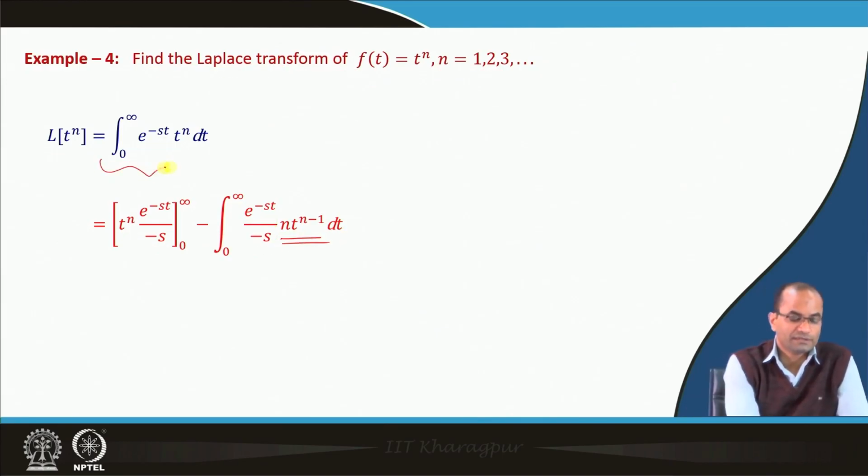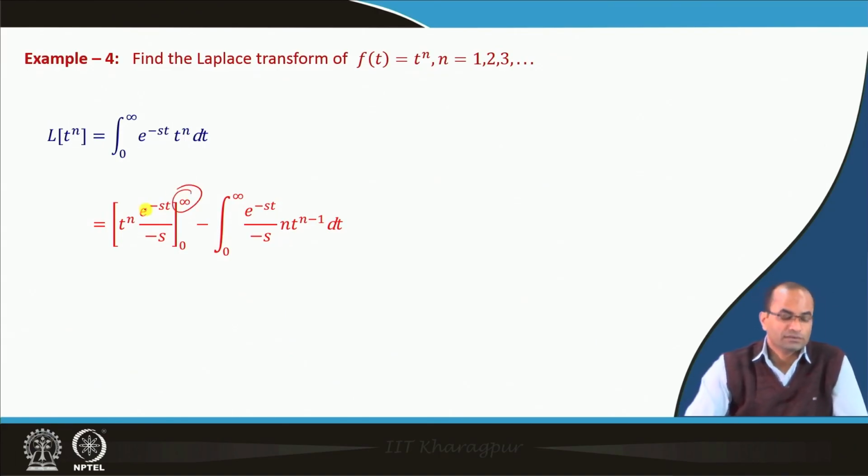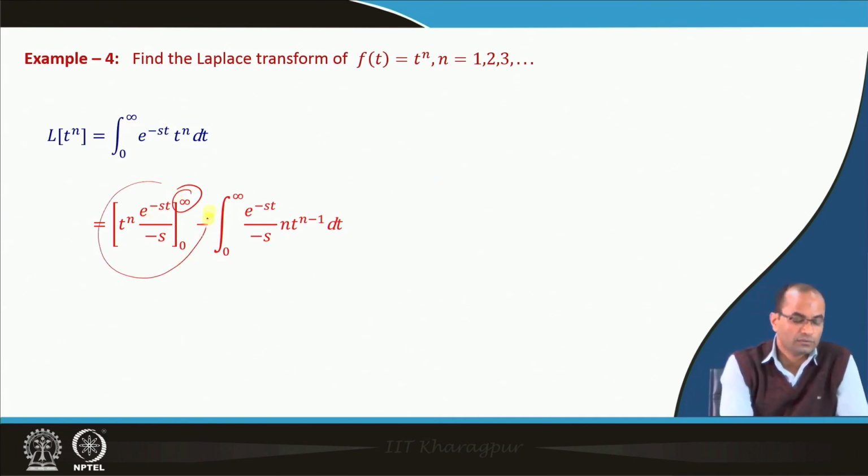So, we have integrated this by parts, treating e power minus s t as the second function and t power n as the first function. If the first function remains as it is, then the integration of the second will come. Now the first part, when t approaches infinity, assuming that s is positive, or the real part of s is positive, this will go to 0.